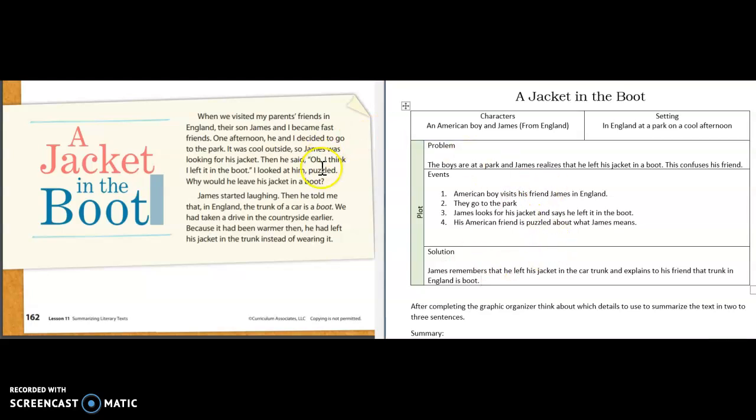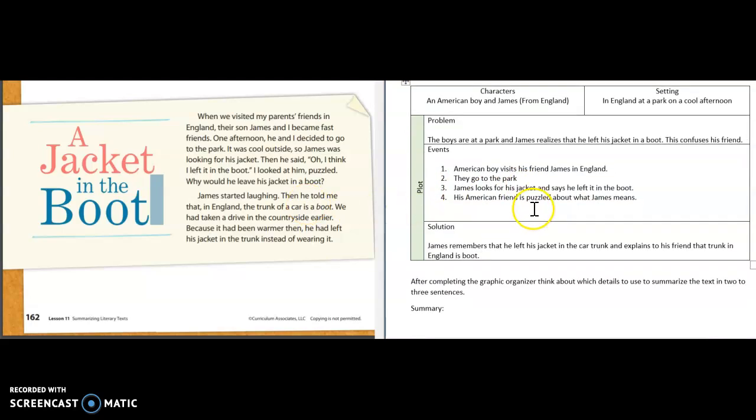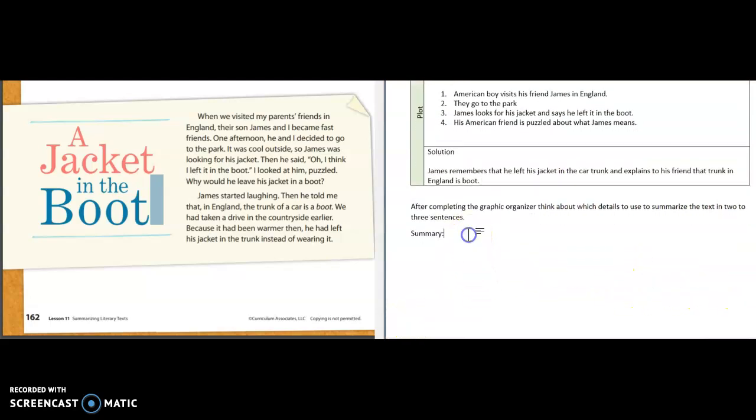I know, seems kind of silly, but hey, can we summarize it? We have to take some of the really important details we've learned here to help us summarize in just 2 to 3 sentences. So what could we write as a summary?